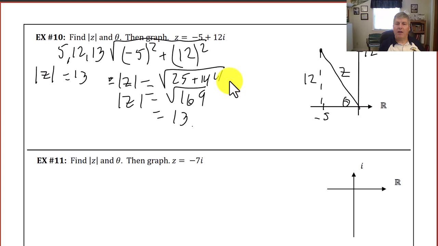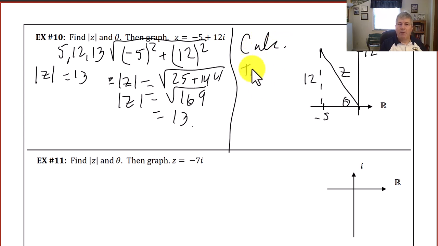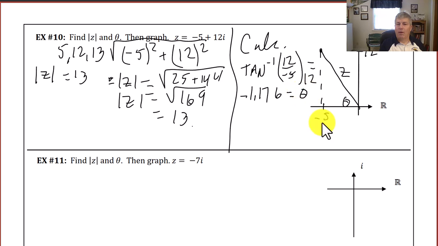Our theta, we'll need our calculator for that, to put that in radian mode. So we're going to do the arctan of y over x, or b over a, or 12 over -5. So we're going to put that in our calculator, and our calculator in radian mode is going to spit out -1.176 radians for theta, or it might give us a value of -67.38 degrees for theta.